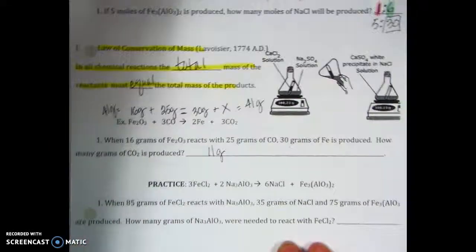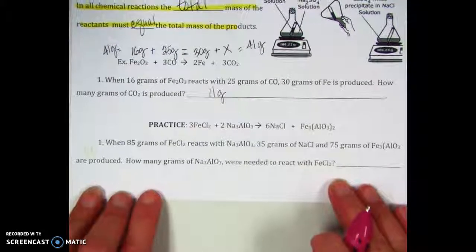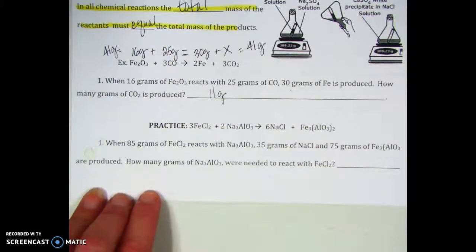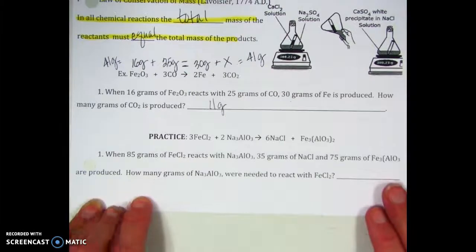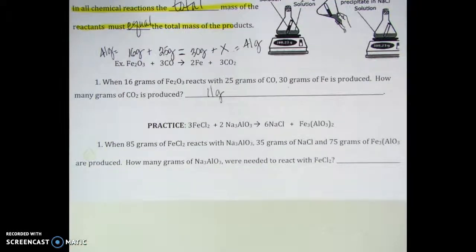Now you practice. When 85 grams of iron 2 chloride reacts with sodium aluminate, 35 grams of sodium chloride, and 75 grams of iron 2 aluminate are produced, how many grams of sodium aluminate were needed to react? Okay, so let's go over it.